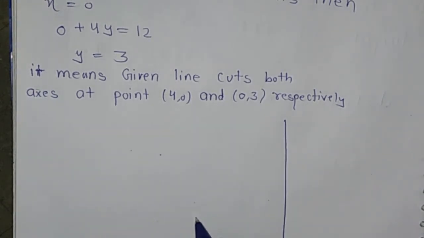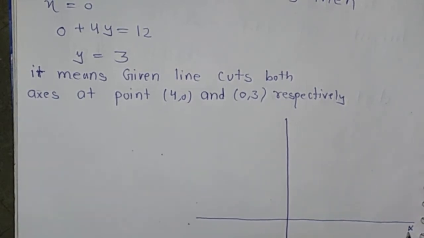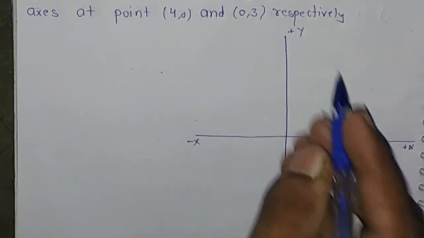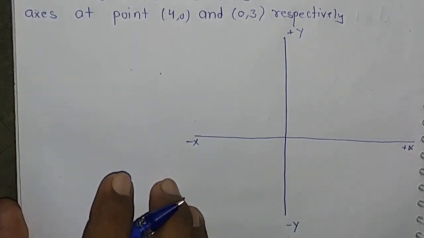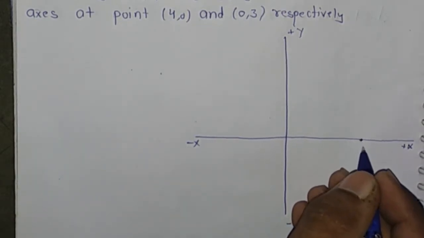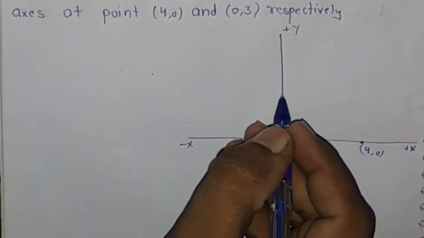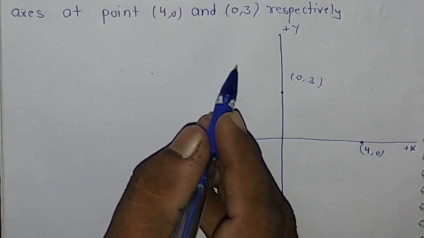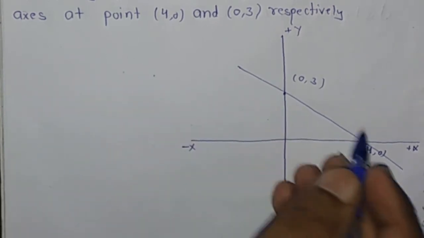It is the y-axis and it is the x-axis. Since the given line cuts the x-axis at 4, 0, that is point 4, 0 and it is point 0, 3. Points 4, 0 and 0, 3 give the required line.